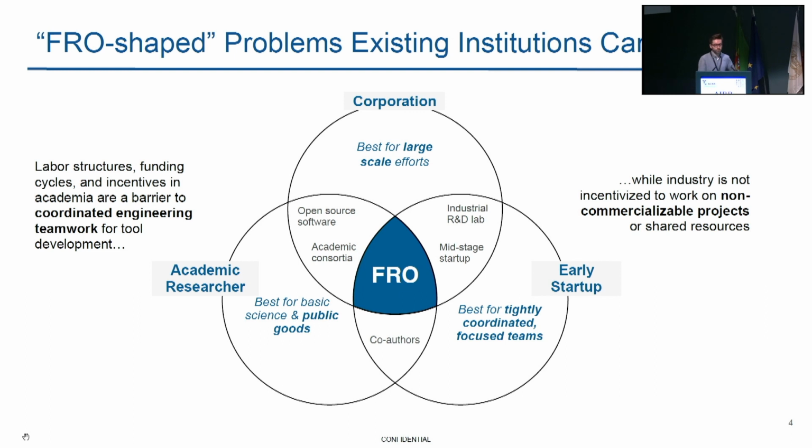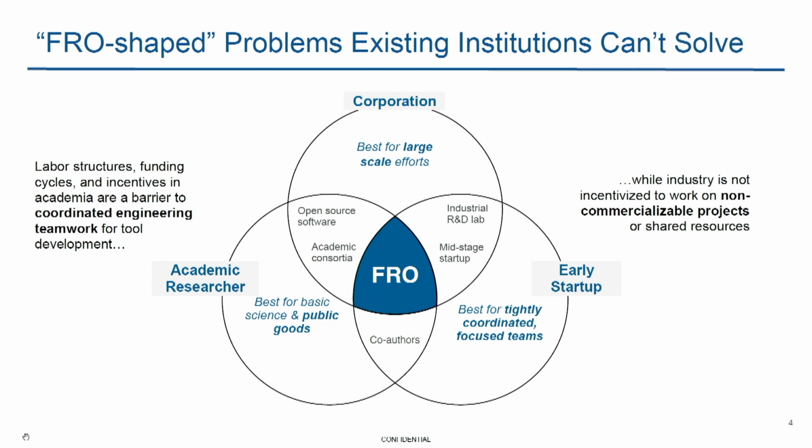To make this a bit more specific, FROs exist at the intersection of the more conventional entities such as corporations, academic research, and startups, by focusing on, as shown in bold here, large-scale efforts to create public goods, but in tightly coordinated focused teams.